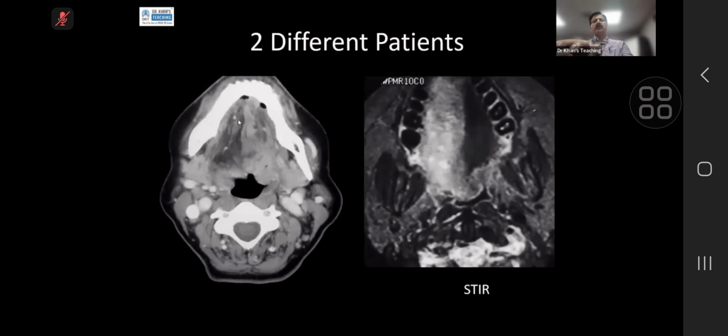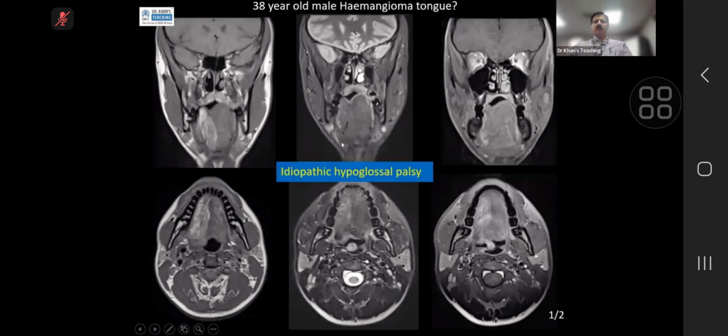On the other hand, look here, these are two different cases. This is a CT scan, and even on CT scan, you can see atrophy. And this one is from a STIR sequence, you can see a lot of edema. This is another case which presented with this clinical appearance. They said meningioma of the tongue?